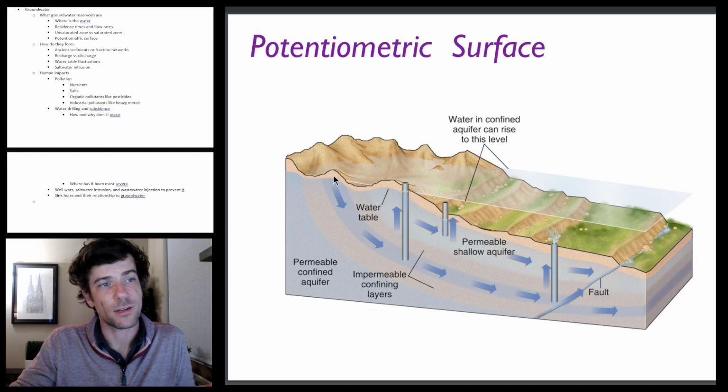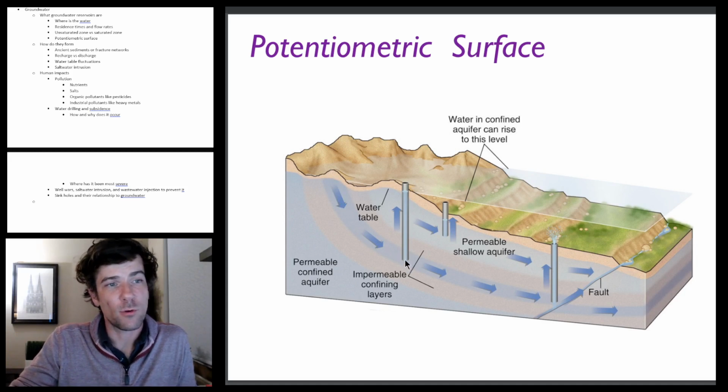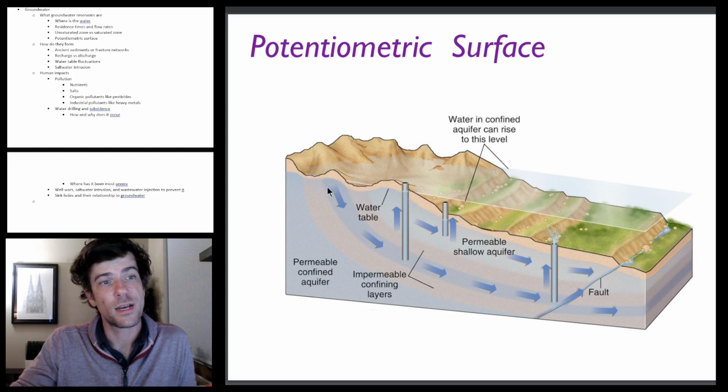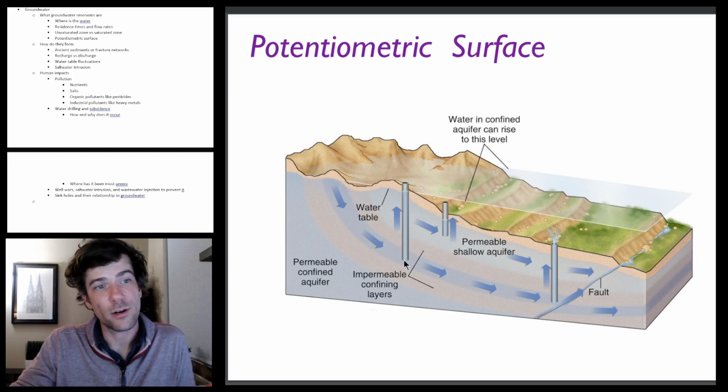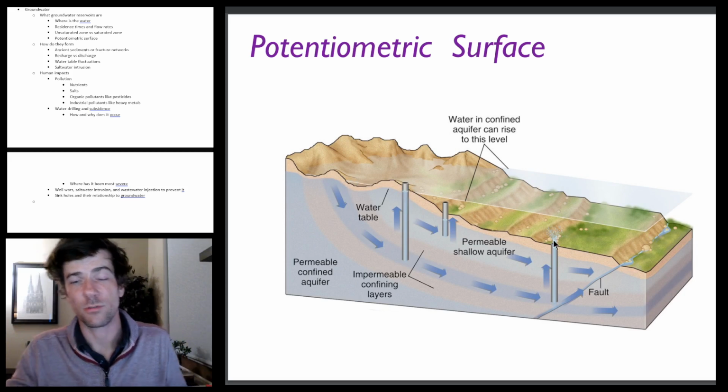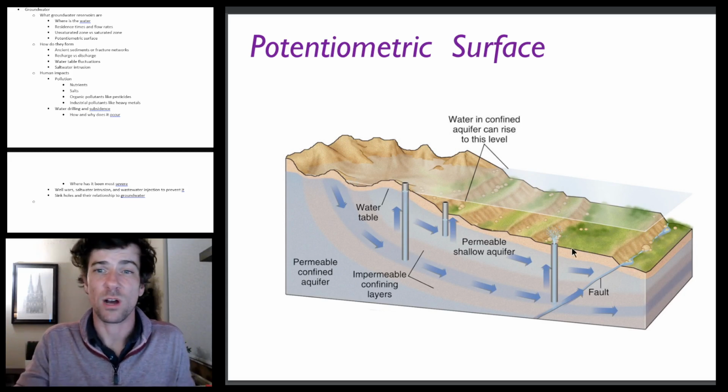Because of that, there's hydraulic pressure pushing down with enough force to push water back up to that level, if that makes sense. If you drilled a well right here, you would need to pump water out of this confined aquifer. But if you drill a well down here, because it's below that surface there, water will just flow out of it. It's called an artesian well.